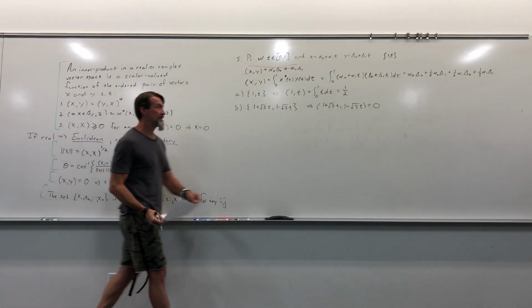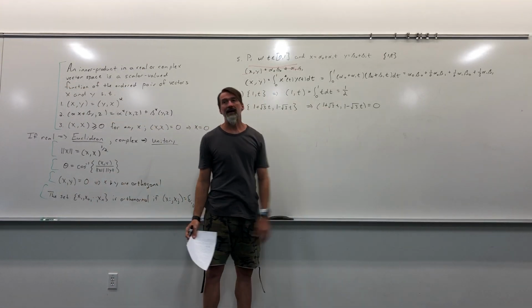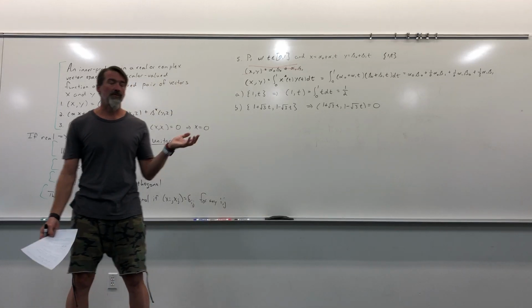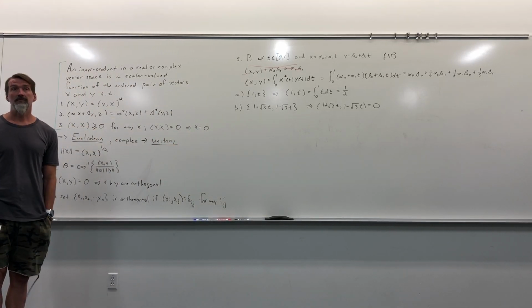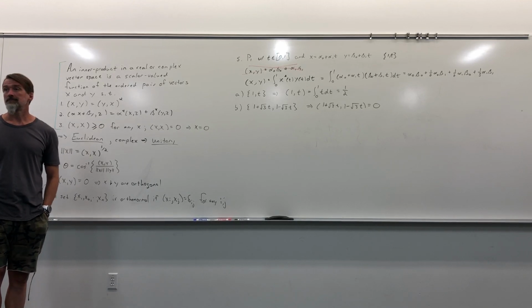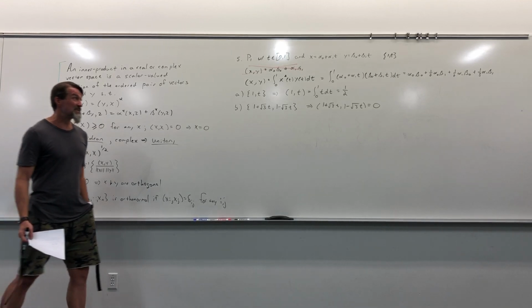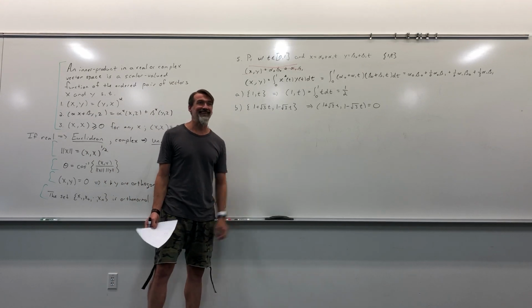Literally, you can just take this function, multiply it by that function, do the integral from 0 to 1, and you'll get 0. Okay, is this orthogonal? It is. It's ugly. It's got root 3's in it.